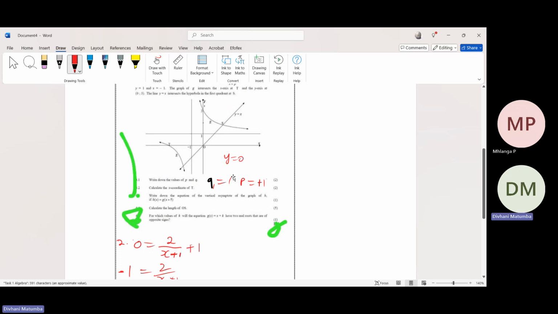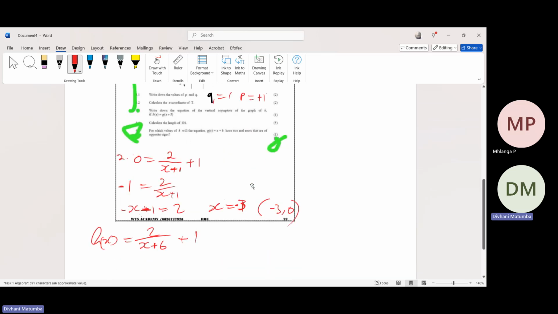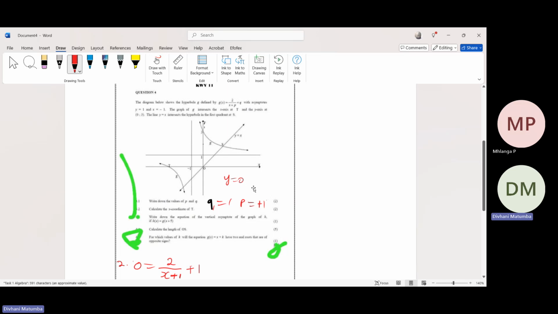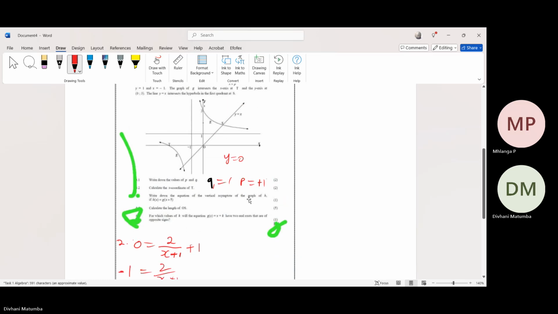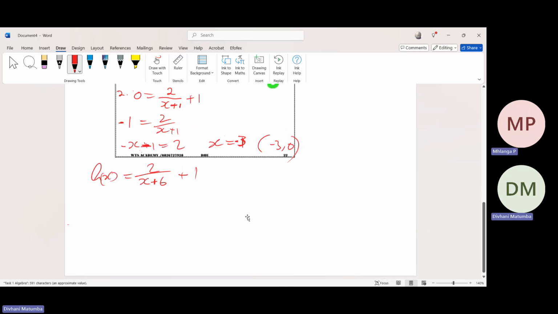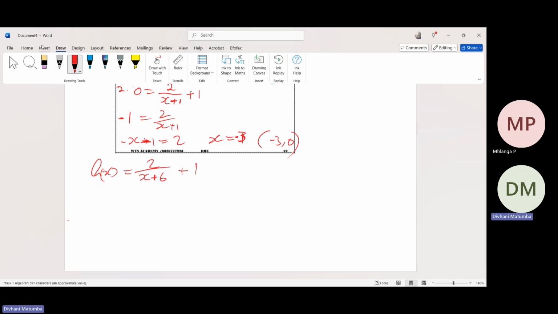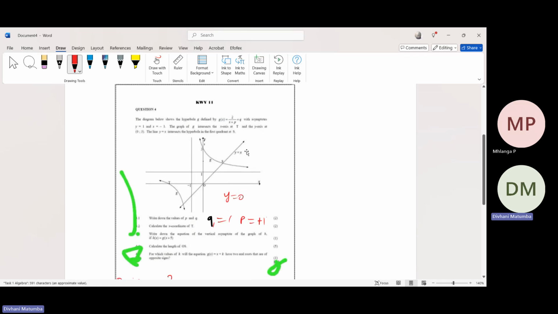First of all, we need to find the x and y values at point S. In order for us to solve for those, we have to equate the two functions: the function y equals x and the function g of x. At S, that's where they meet. So we have to equate the two.